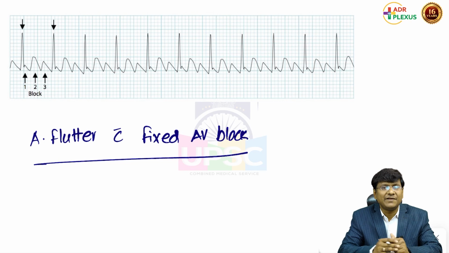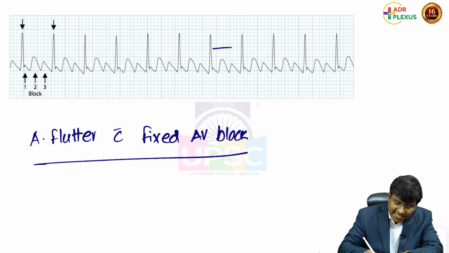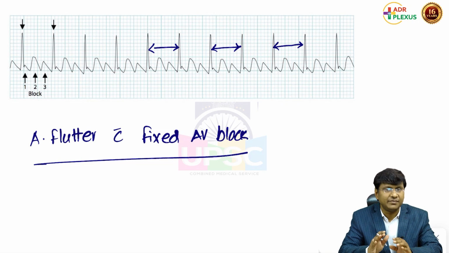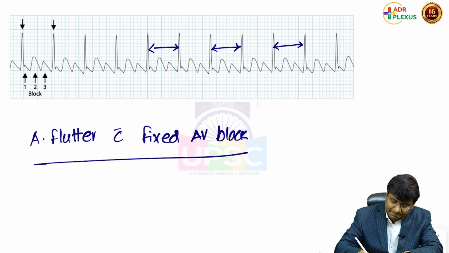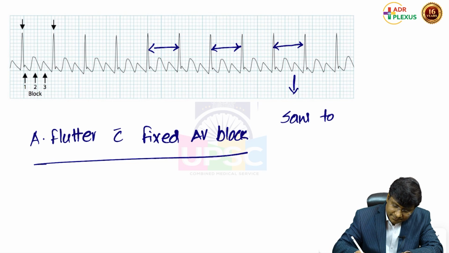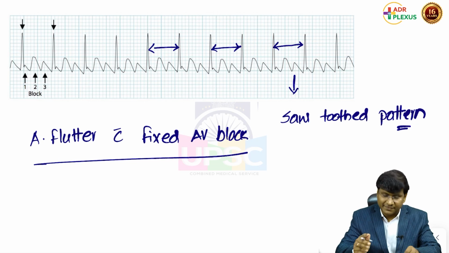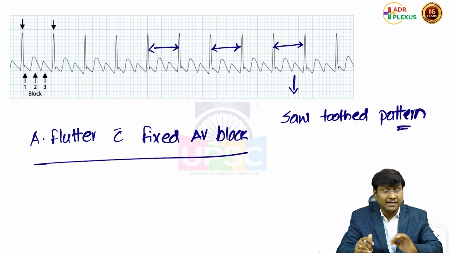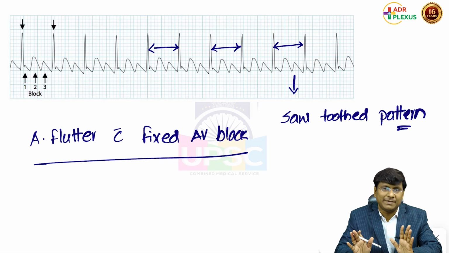So in atrial flutter with fixed AV block, the RR interval will be the same, and the P wave is of sawtoothed pattern. This atrial flutter is a narrow complex tachycardia, not a wide complex tachycardia, right?